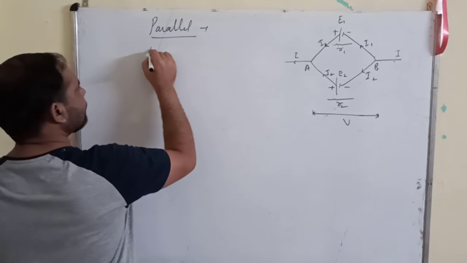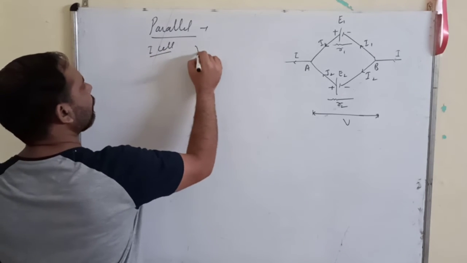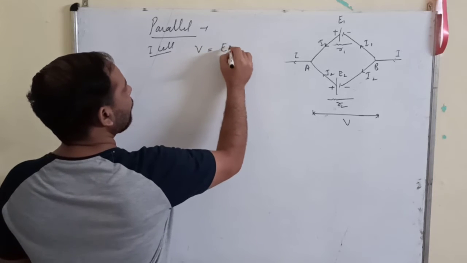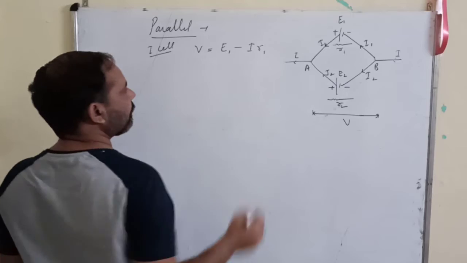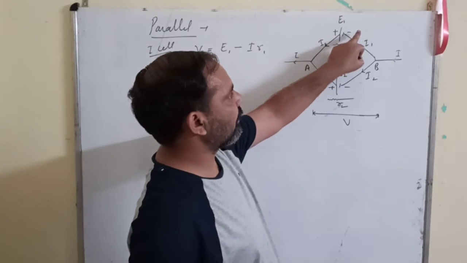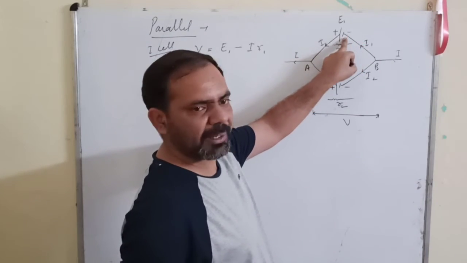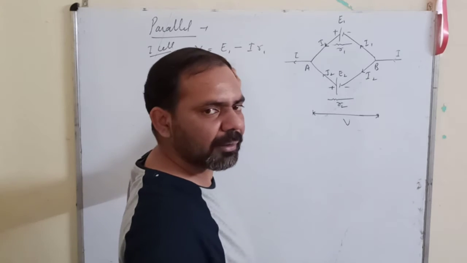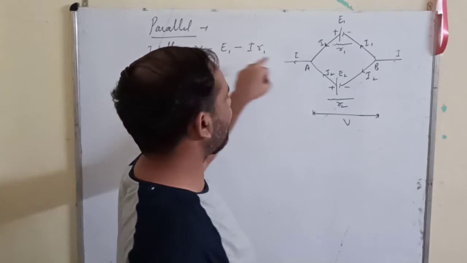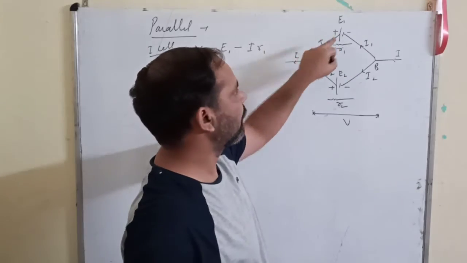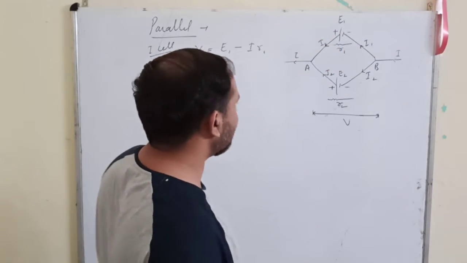So for the first cell, V is equal to E1 minus IR1. Current is hitting the negative plate first, so your EMF will be positive. E1 minus IR1 is the terminal potential difference at cell 1.